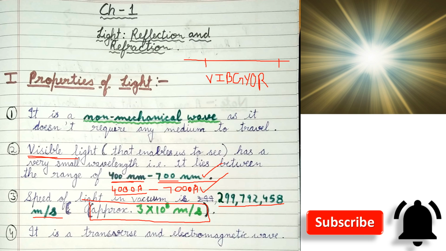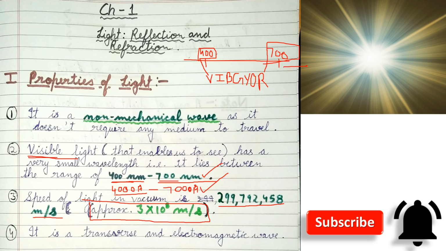So to remember which colors have which wavelength, violet comes at 400 nanometers, so the wavelength of violet is 400 nanometers, and the wavelength of red will be 700 nanometers.